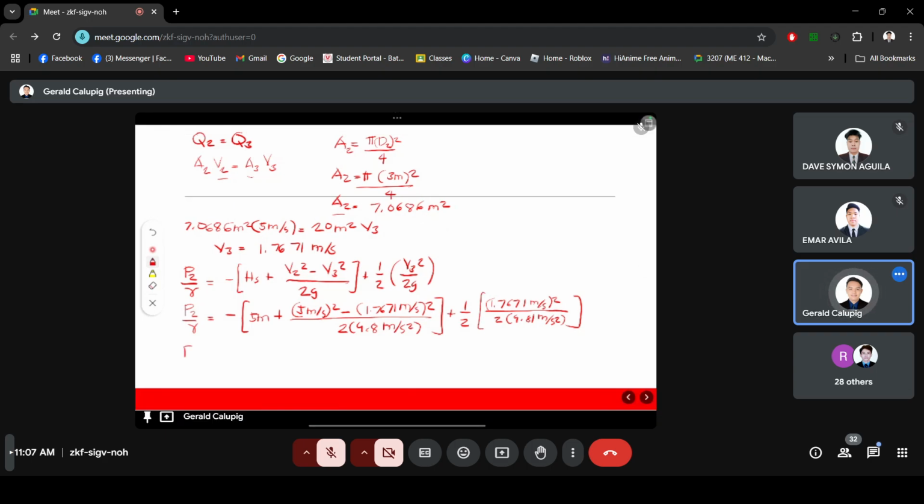So we can have our pressure head at the inlet is equal to what? Let's try to solve.